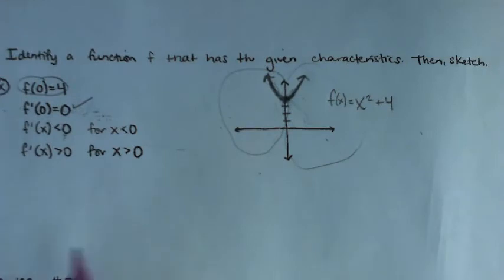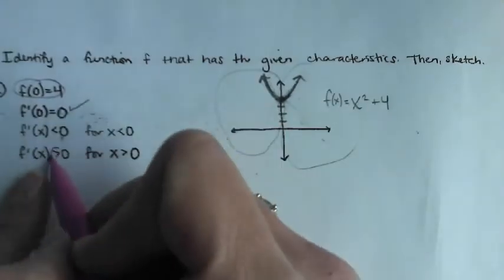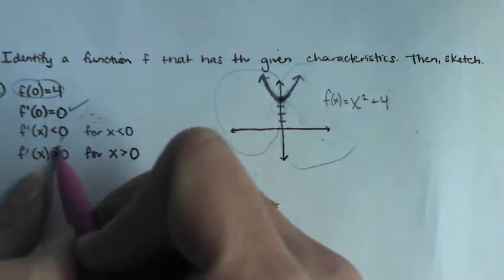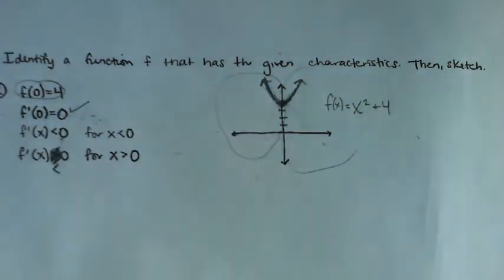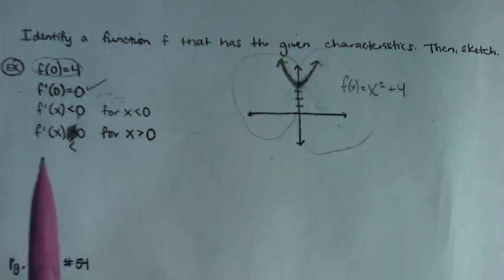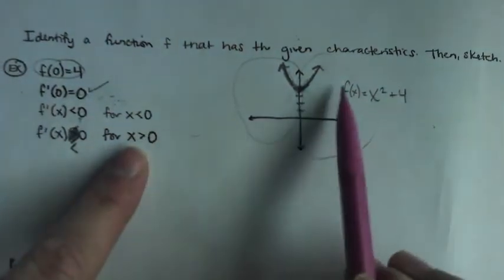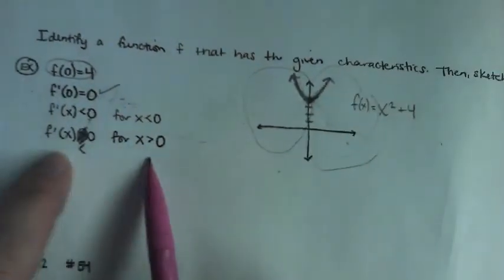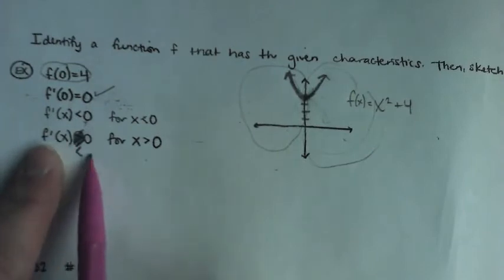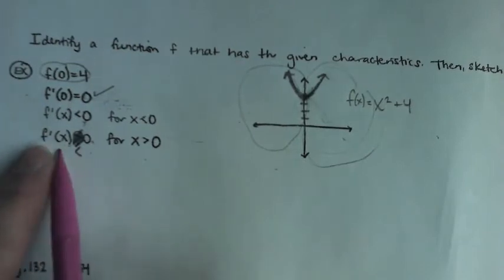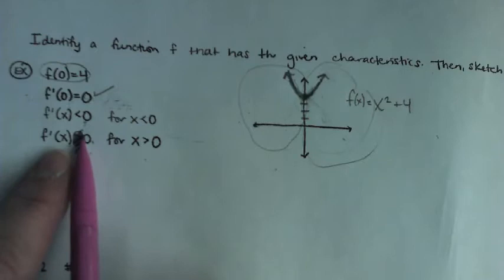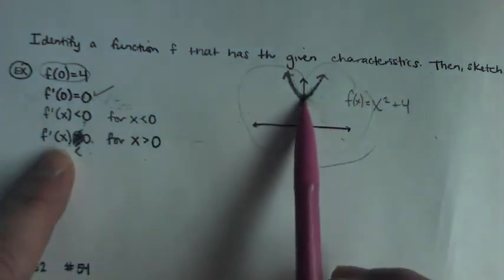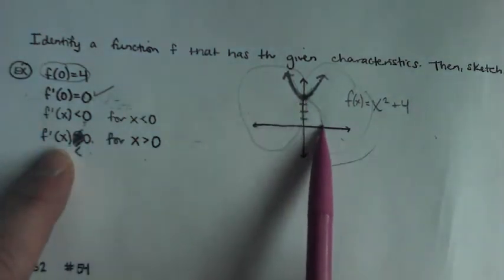But they could make our derivative negative, like if, and you don't need to write this down, just think about it, because I don't want you to confuse the problem that this was. But for all x greater than 0, if they tell us that our derivative continues to be negative, that means our slope continues to be negative, and the graph is decreasing on that side as well.